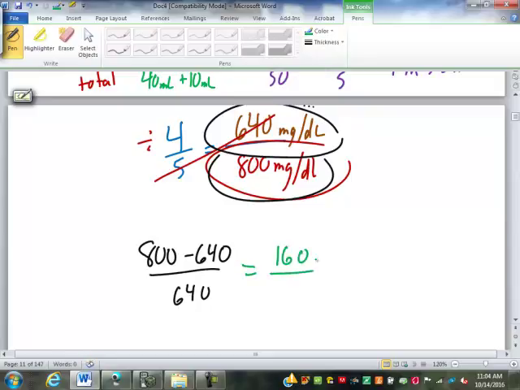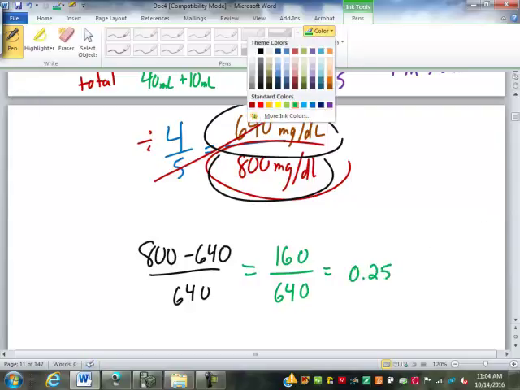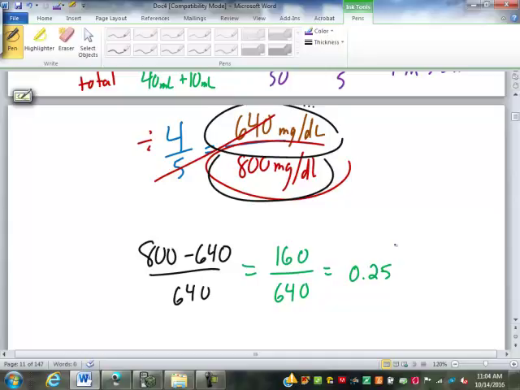So 160 over 640 reduced to a decimal of 0.25. The reason I put it as a decimal rather than just reducing the fraction is this is going to become a percent. So to make that into a percent, we just remember to move the decimal point: 25%. So that's a 25% gain.